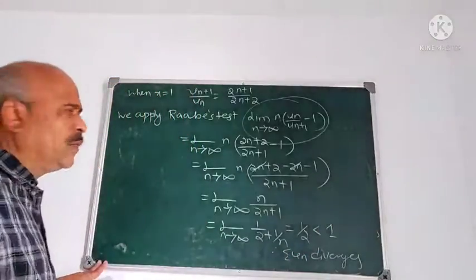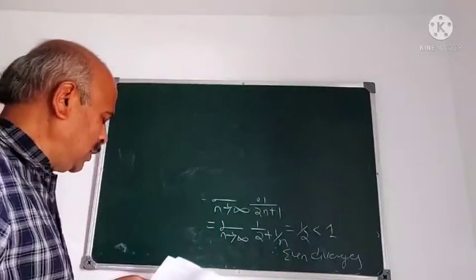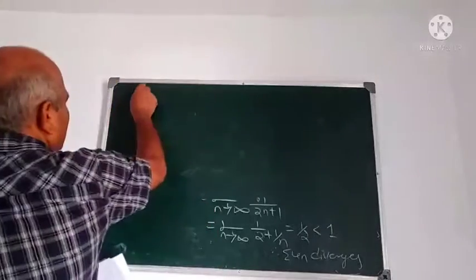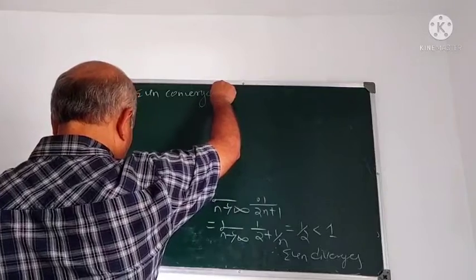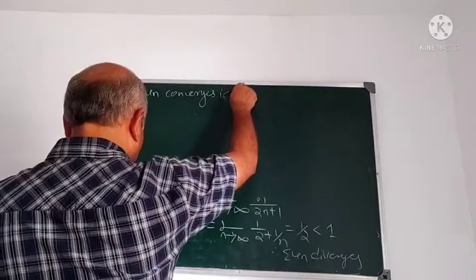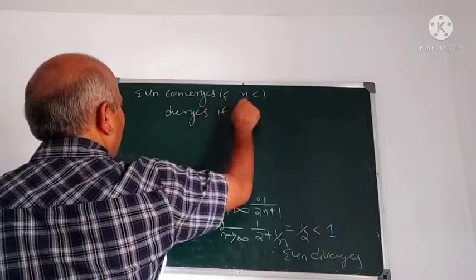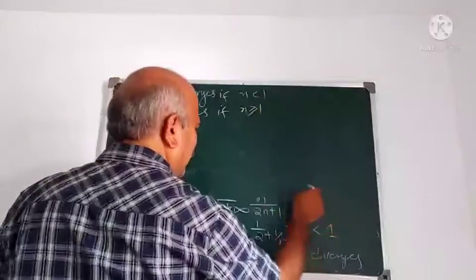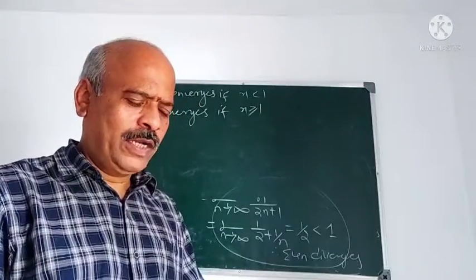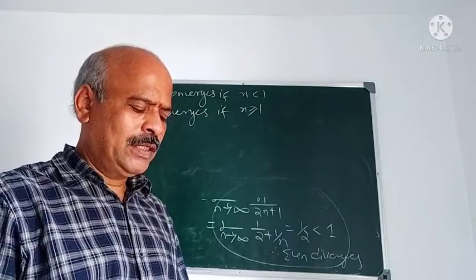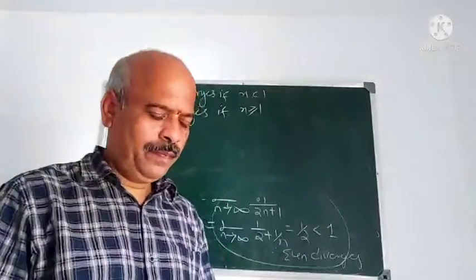Final conclusion: the given series sigma un converges if x is less than 1, and diverges if x is greater than or equal to 1. This is the case x equal to 1, where it diverges.